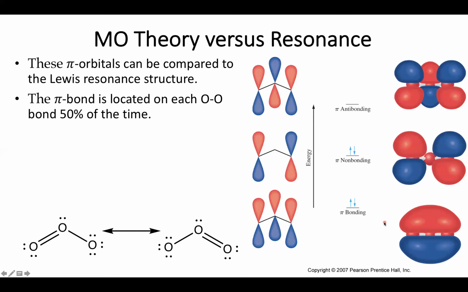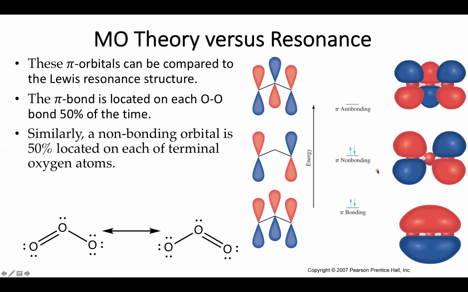Now, the really cool part, though, is when we're talking about those non-bonding orbitals, because what we find here is that 50% of my non-bonding character is on this terminal atom, and 50% is on this terminal atom. And this means that, indeed, the resonance structure is also correct. 50% of the time, this oxygen atom is going to have 3 lone pairs, and 50% this oxygen atom is going to have 3 lone pairs.